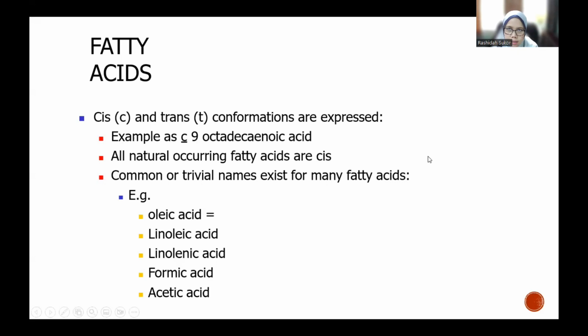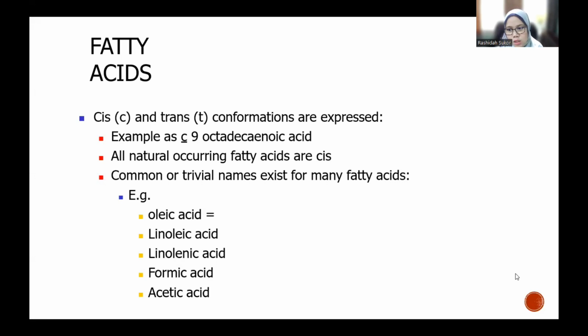But in foods like chips, the manufacturer has to change it to favor the consumer, for stability. Normally they change it to trans. Trans is more stable than cis.